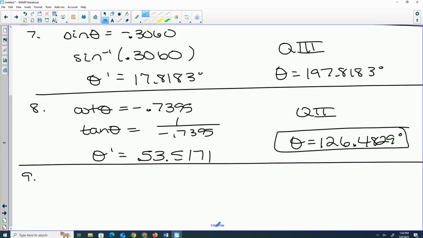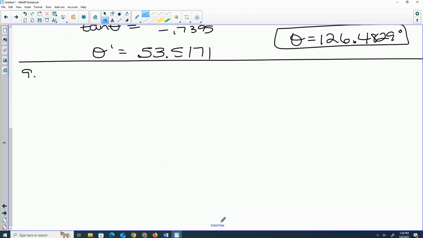All right, so that's kind of SOHCAHTOA problems or beginning inverse problems. The next ones are all those application problems. So things you have to remember, you have to know what your variables stand for. So capital A is area, S is your arc length, that's the distance on the outside of the circle. R is your radius.